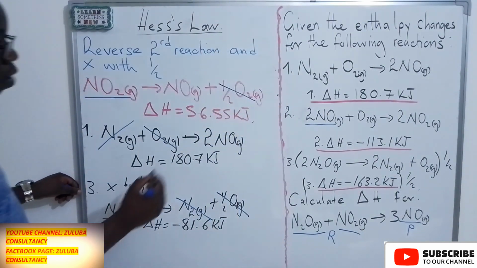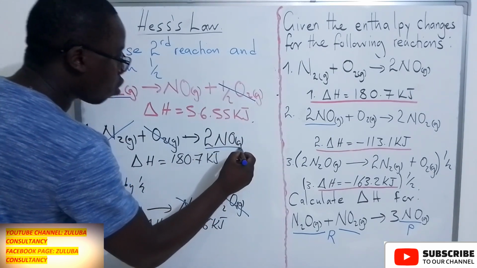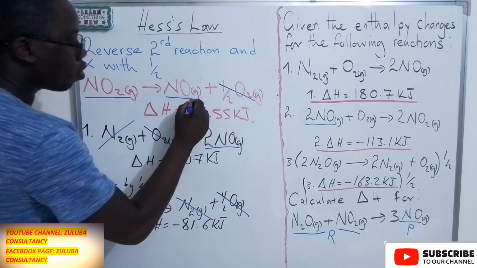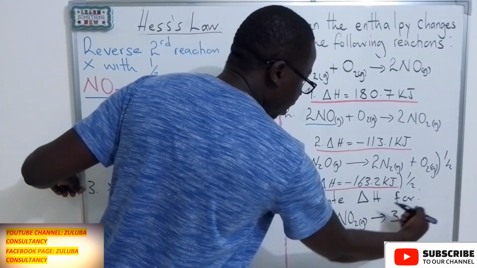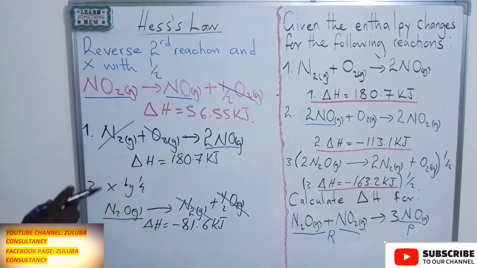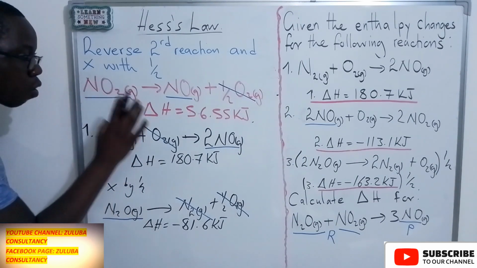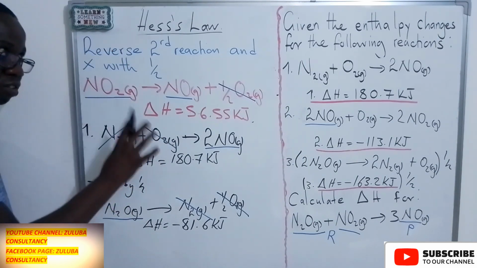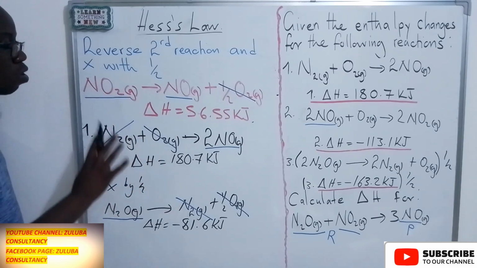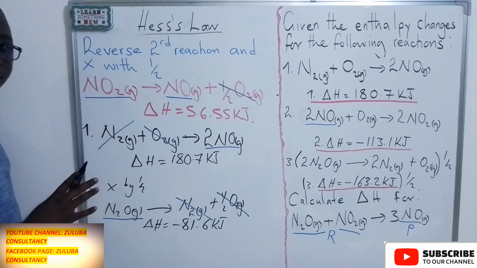Last but not least, we have remained with 2NO and 1NO. So 1 plus 2 gives us 3NO. So this simply means that we have done the correct work in terms of rearranging these reactions, reversing them, and multiplying them with half.